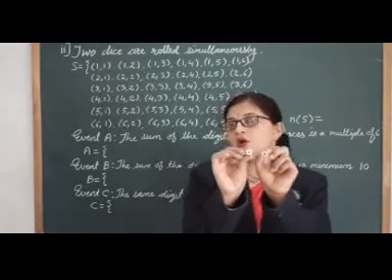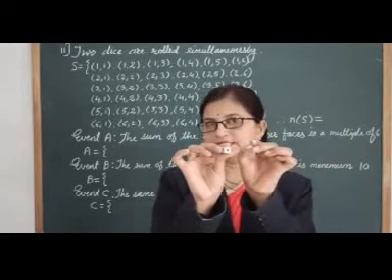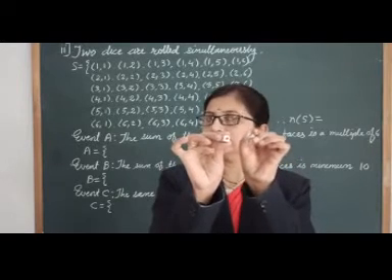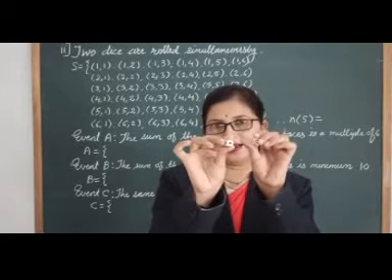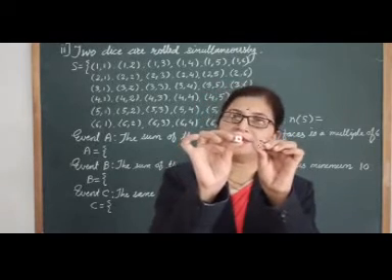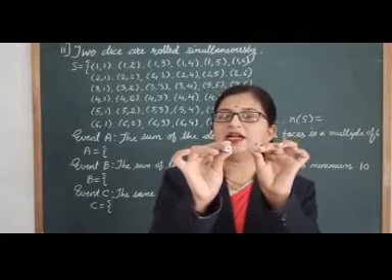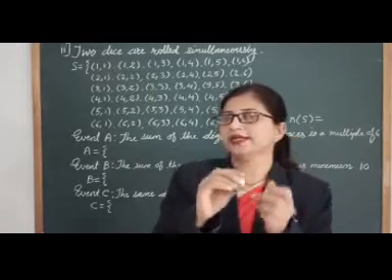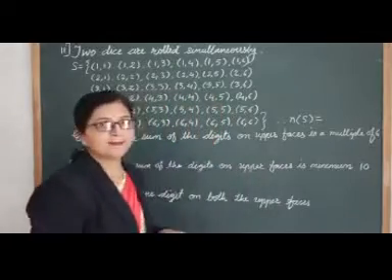So this is 1, 1. Then let's turn it, so now 1, 2. Then 1, 3. In this way we rotate the second die while we keep the first. When all these 6 are complete, then we turn the first die to 2. So in this way, I have written all the points for the sample space.